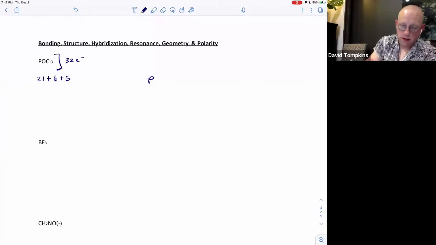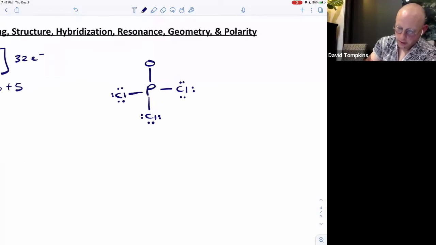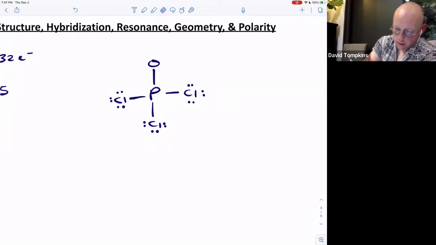It's the least electronegative element here and goes in the center. And each chlorine only will make 1 bond and retain 3 lone pairs. And then phosphorus is going to bind to oxygen. But oxygen generally likes to make 2 bonds such that it has 2 lone pairs and a full octet.